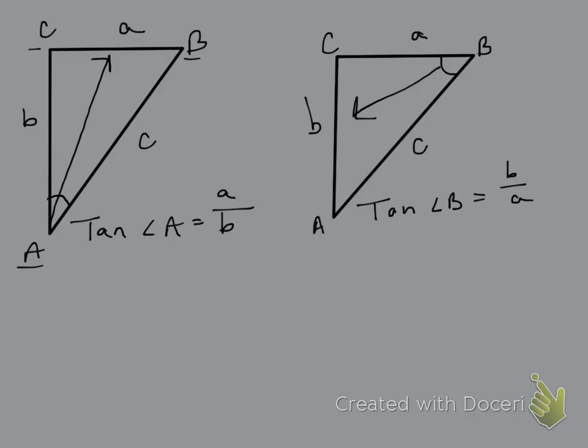So it's very important that you pay attention to the placement of these angles and the location of their opposite and adjacent sides, because b is the opposite on this one, and a is adjacent. We're changing the angle, so it depends on the angle that you're doing this for. You've got to pay attention to what angle you're doing it for and where the opposite and adjacent sides are.